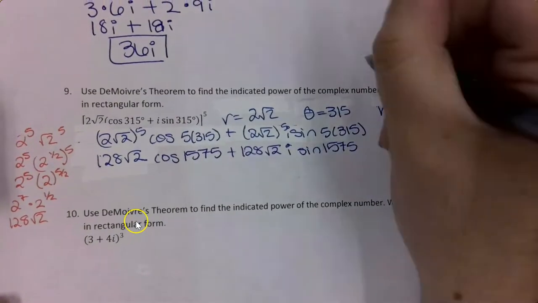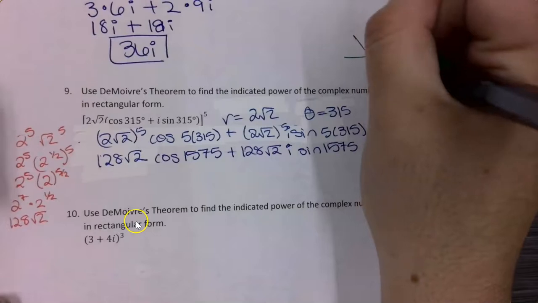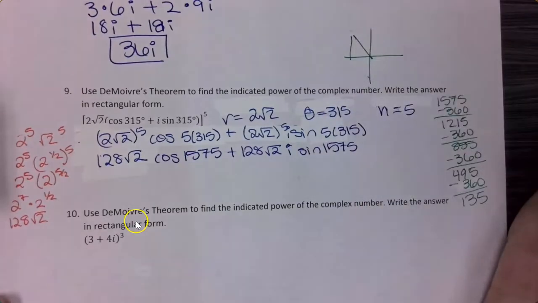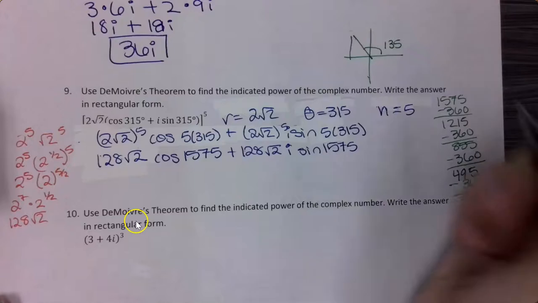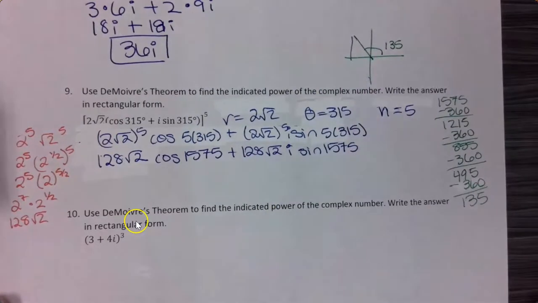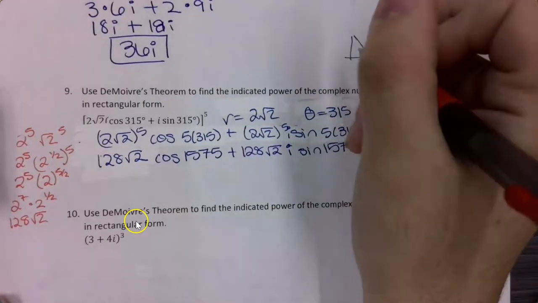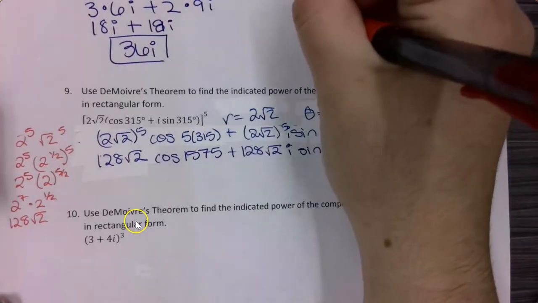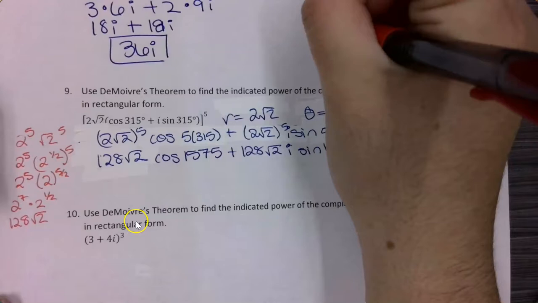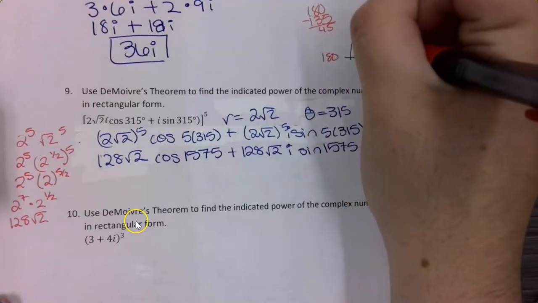I'm going to sketch this out up here. 135 is in the second quadrant. My angle, this is the 135. So to get the missing angle that I'm using for my actual reference angle right here, all the way across to that straight line is 180. So I'm going to do 180 minus 135, which gets me 45 for my reference angle.